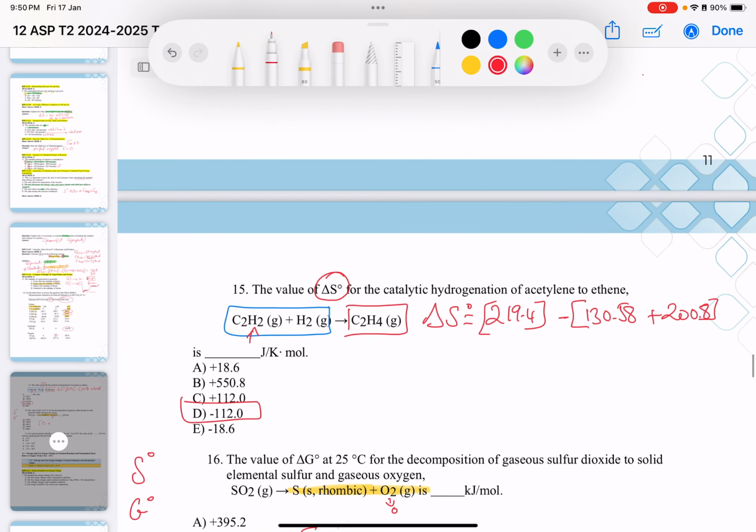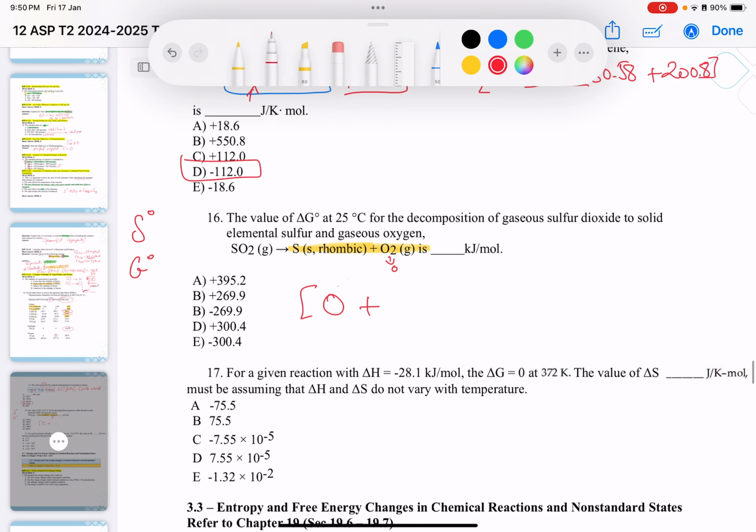So since I don't have it in this table, this is a standard form, minus the SO2. I just have to look at SO2 to give you the value. Don't worry, these values are given.